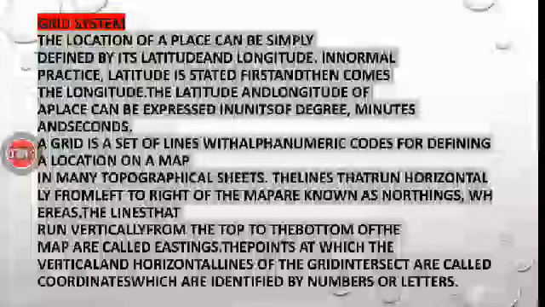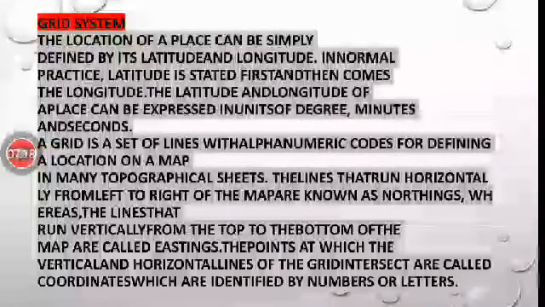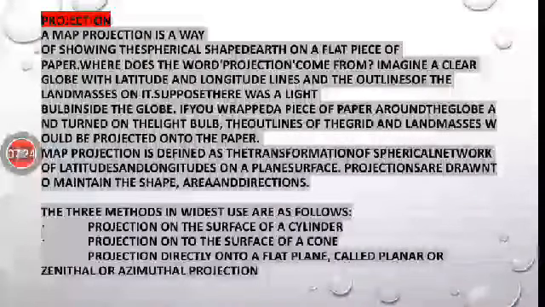The points at which the vertical and horizontal lines of the grid intersect are called coordinates, which are identified by number or letter.